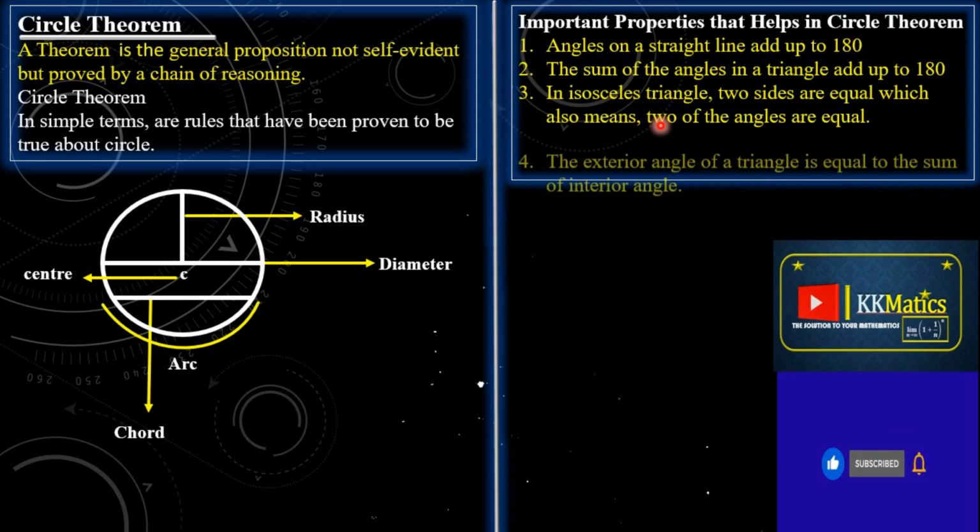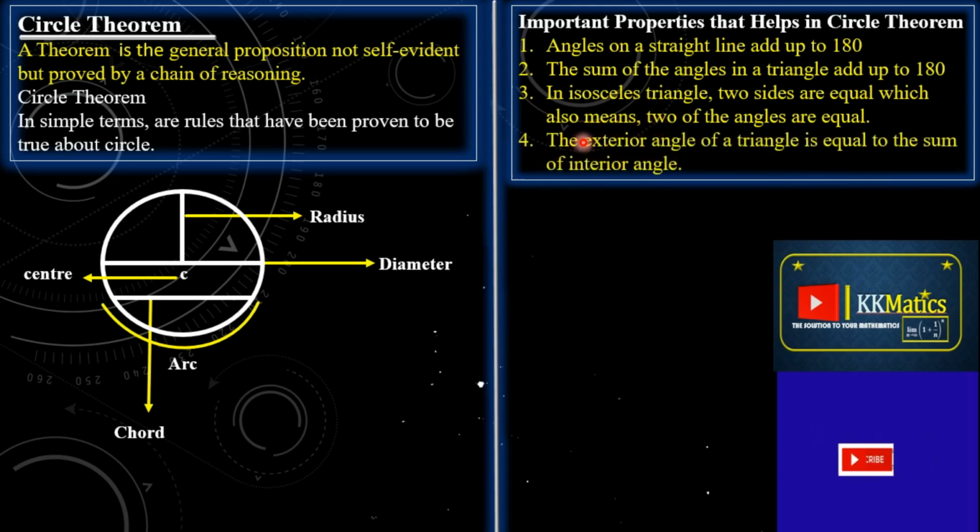Very important for you to take note of that. The fourth is that the exterior angle of a triangle is equal to the sum of the interior angles. Exterior means outside of the triangle, so the outside angle of the triangle is equal to the total of the interior angles in the triangle.